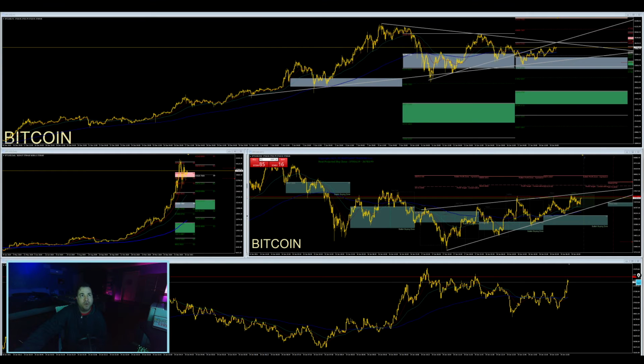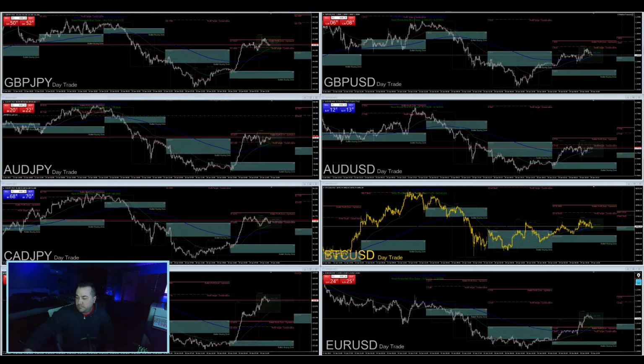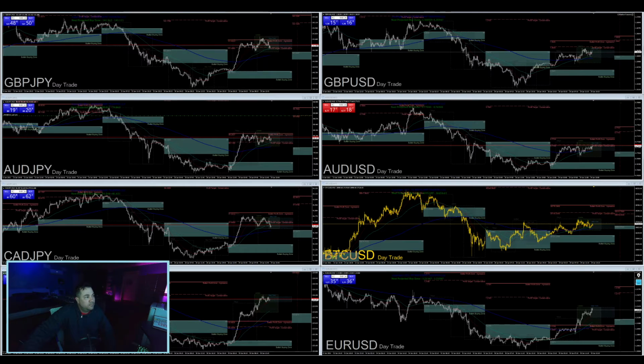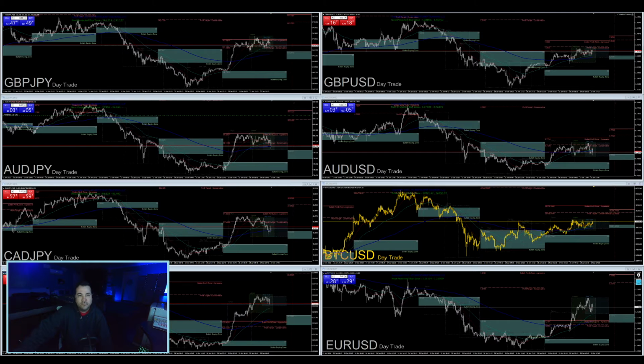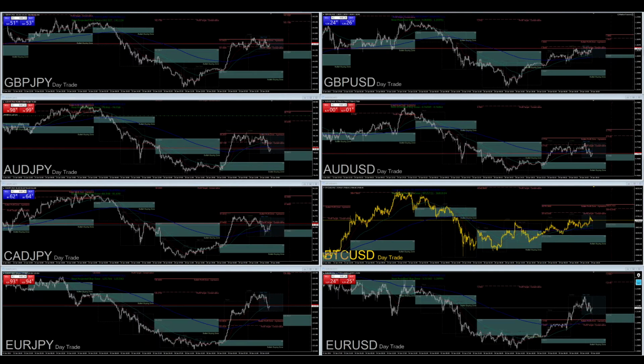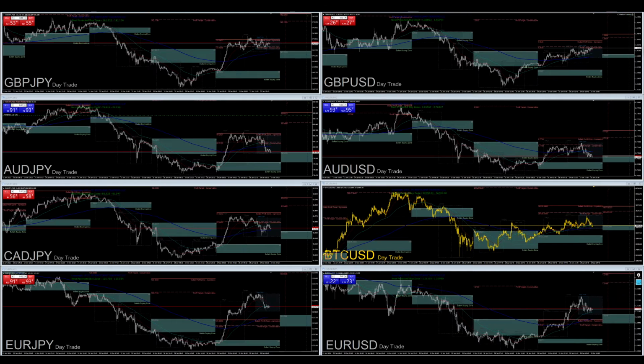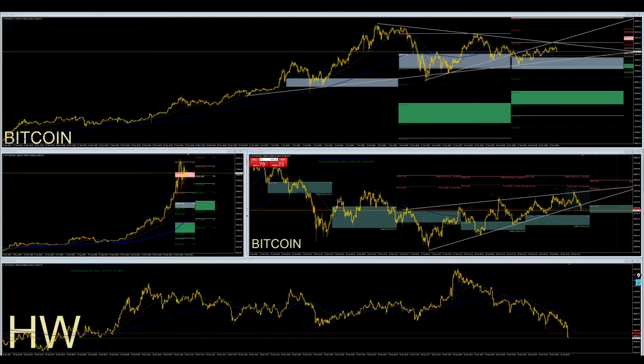Take a look at Bitcoin here within its patterns. It's 11:57 a.m., so almost noon o'clock, and showing a Bitcoin breakout to the downside of this wedge.